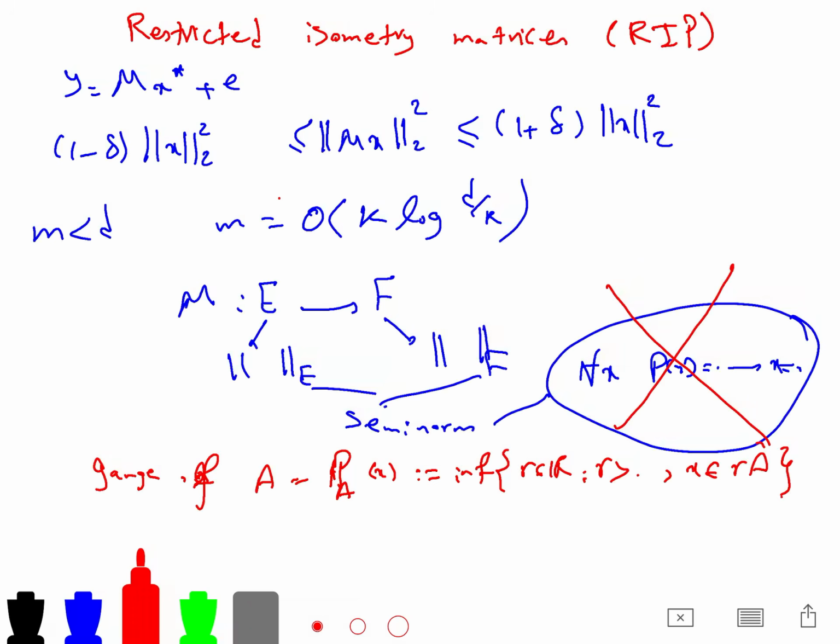Kolmogorov says that only a locally convex and locally bounded topological vector space is normable. So the definition of a lower restricted isometry property is somehow saying that.